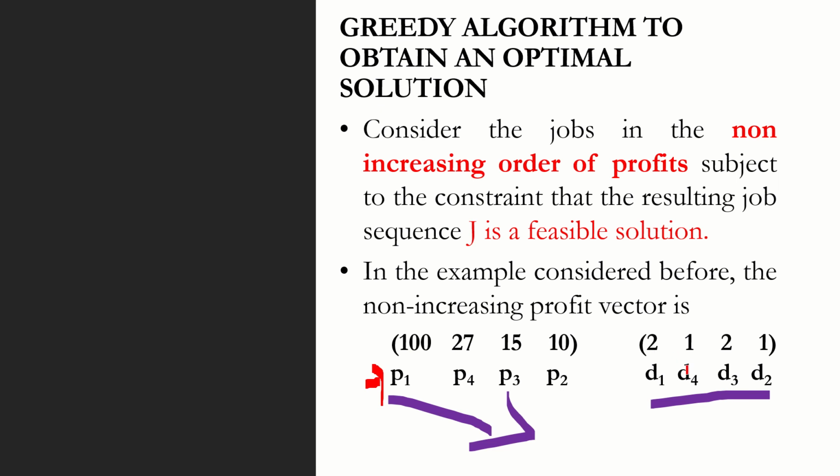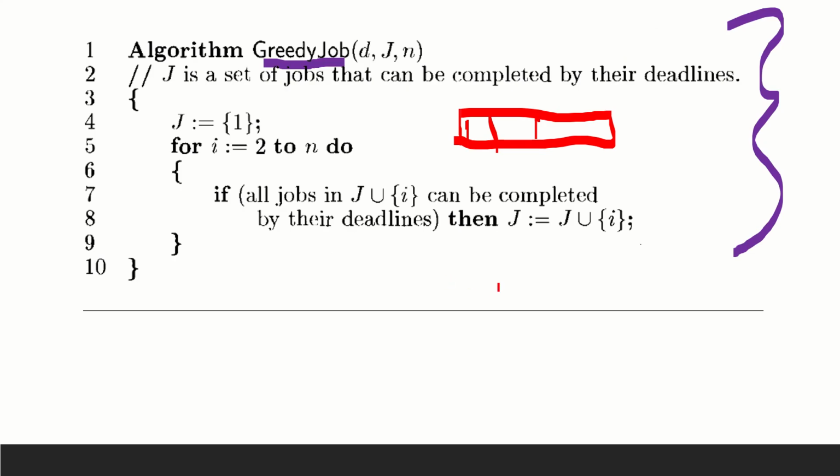So in which order can you do it? Since P4 has the deadline 1, first you complete P4, and the second one has a deadline 2, so you can extend that one to the second slot.